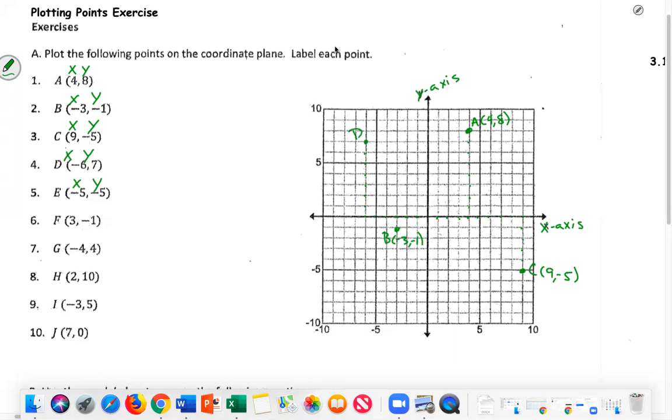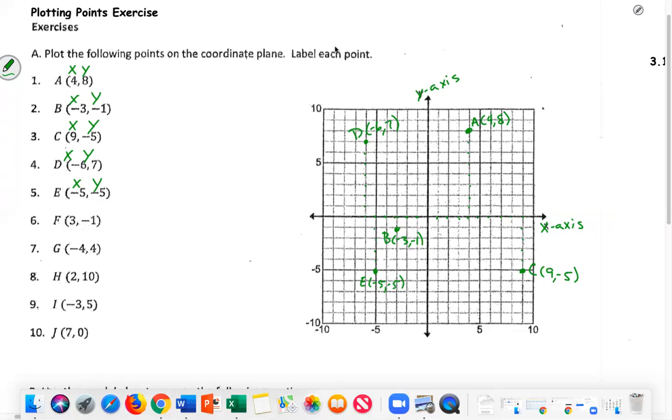So that would be D, negative 6, 7. E, the last one, I'm going to let you do the last 5, it's negative 5, negative 5. So we're going to go to the left 5, 1, 2, 3, 4, 5, and down 5, 1, 2, 3, 4, 5. So that is E, negative 5, negative 5.